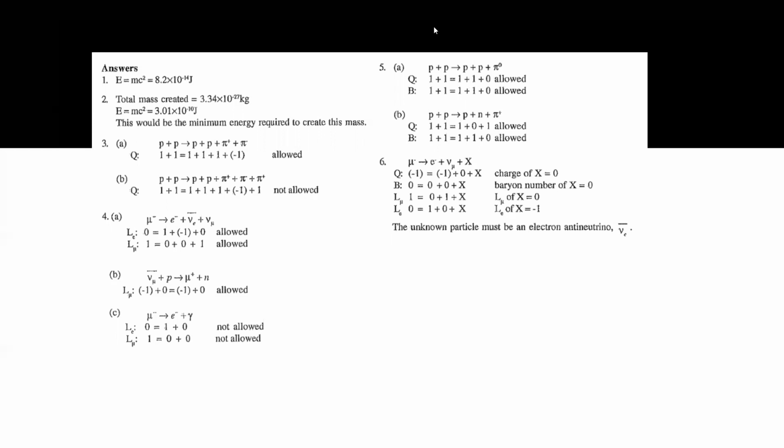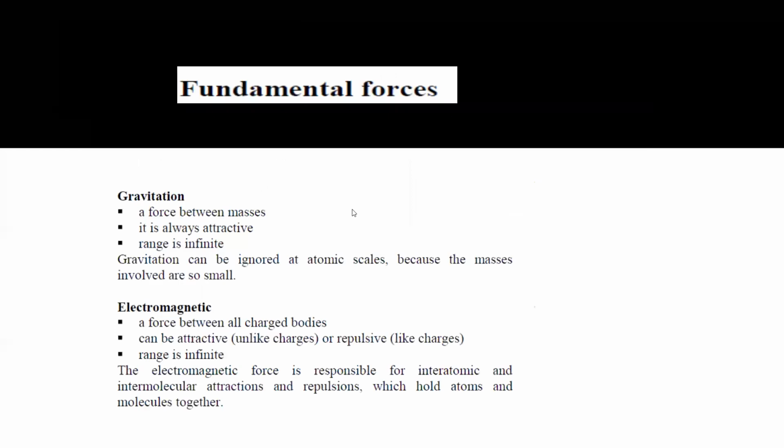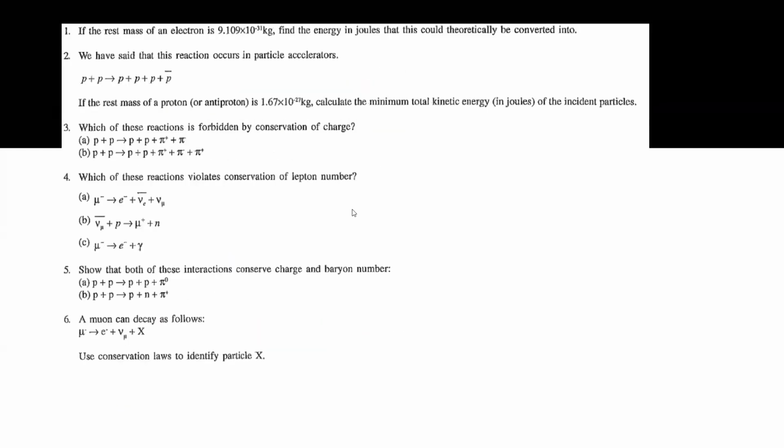When you check the baryon number, for every baryon it's +1, anti-baryon is -1, and meson it is 0. So baryon number is also conserved. When you check the second interaction, the charge +1, +1 is conserved, and baryon number is also conserved. Is it clear, these interactions? Yeah.